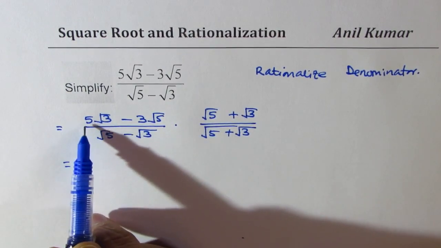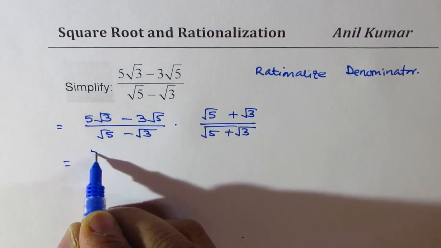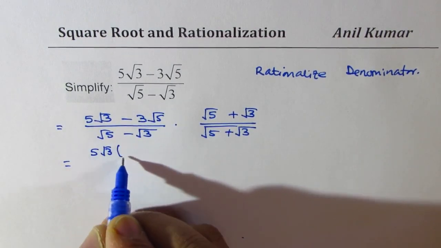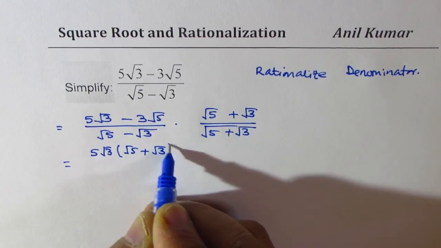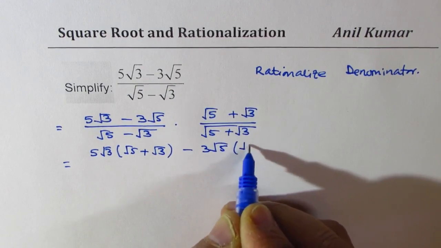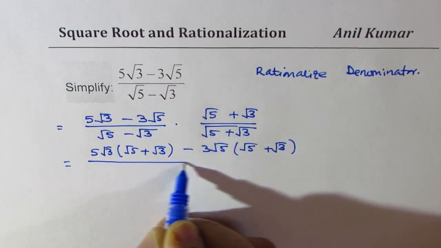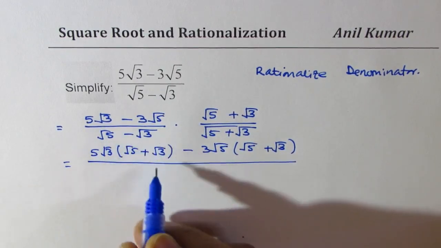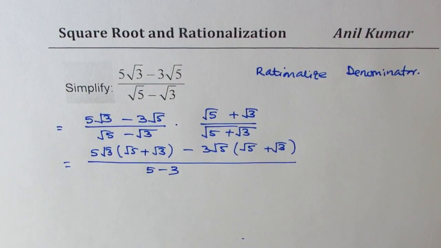So square root 5 and square root 3 will be multiplied with both these terms. So you get 5 square root 3 times square root of 5 plus square root of 3, minus 3 square root of 5 times square root of 5 plus square root of 3, correct? And in the denominator, you get the difference of the two squares. So we get 5 minus 3. You get an idea, right?